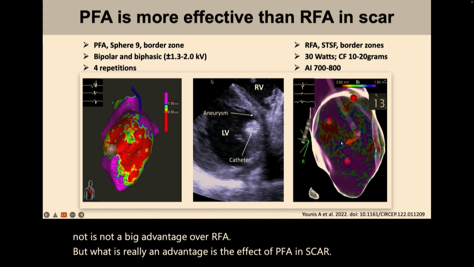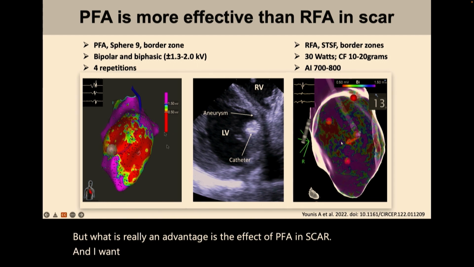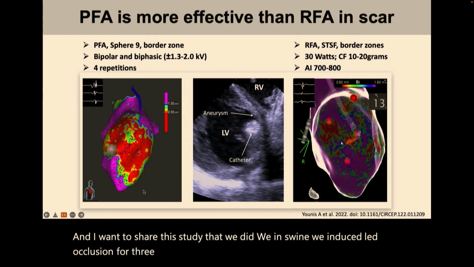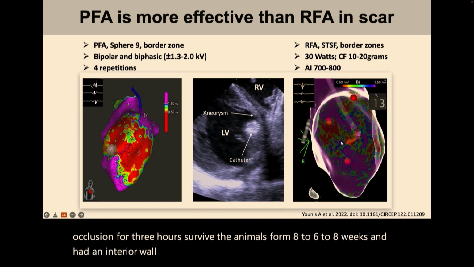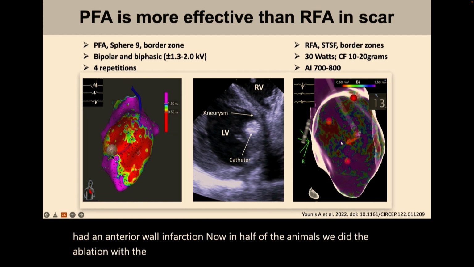And I want to share this study that we did. In swine, we induced LAD occlusion for 3 hours, survived the animals for 6 to 8 weeks, and had an anterior wall infarction. Now, in half of the animals, we did the ablation with the Sphere 9 catheter using PFA.